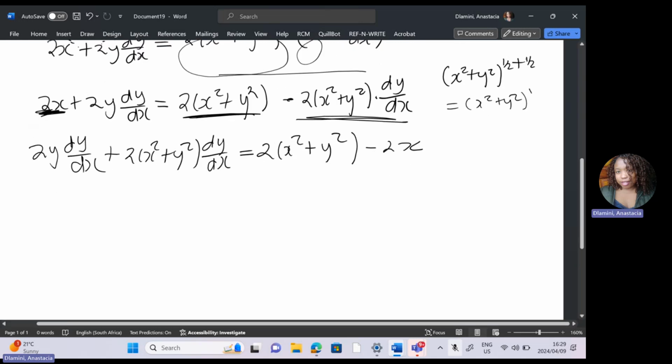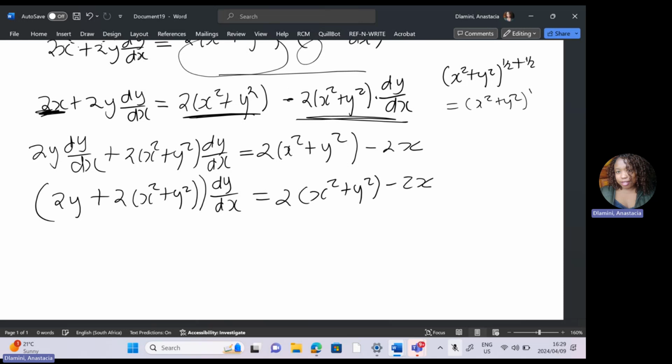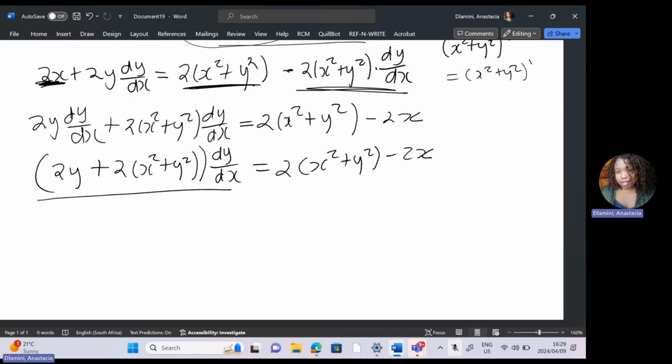So now on the left hand side, let's factor out dy over dx. So we remain with 2y, let's put it in brackets, plus 2 times x squared plus y squared, times dy over dx, equals 2 times x squared plus y squared minus 2x. So let's divide this entire term by itself: 2y plus 2 times x squared plus y squared.